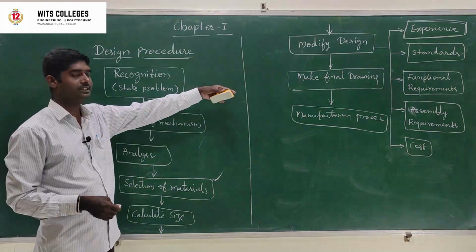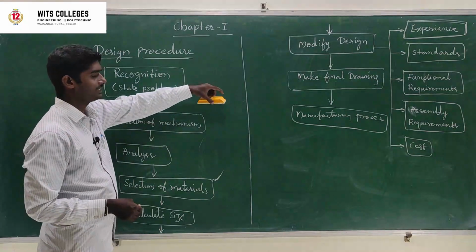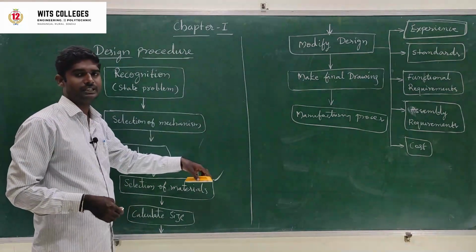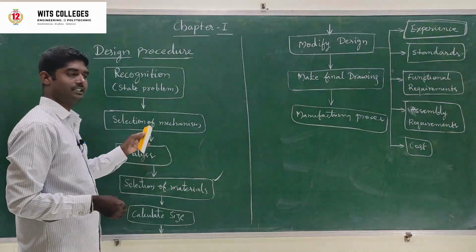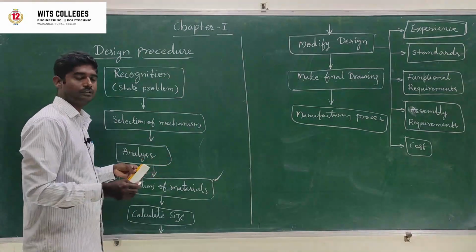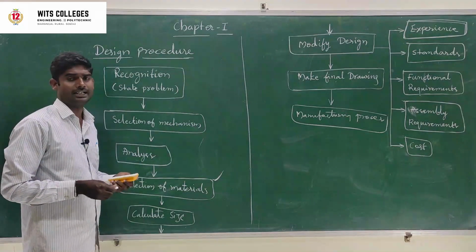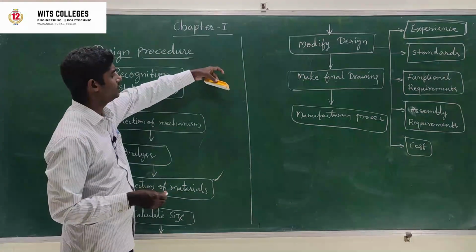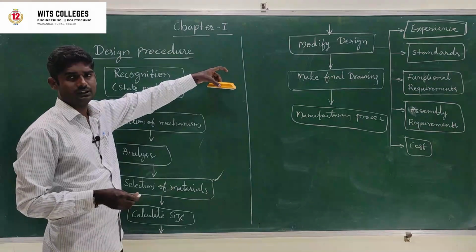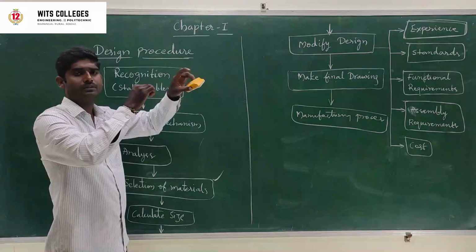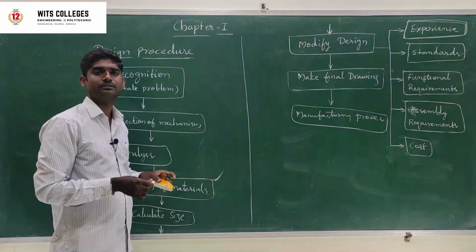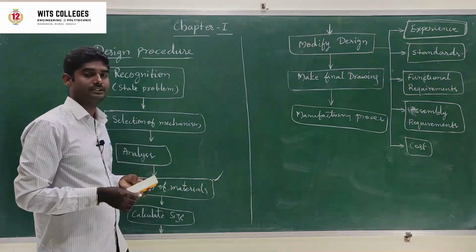In this duster there are some standard sizes. Using these materials, the analysis and the selection of mechanisms, we go for calculating the size. If you see any duster, there is only one standard dimension. That is calculating the size.